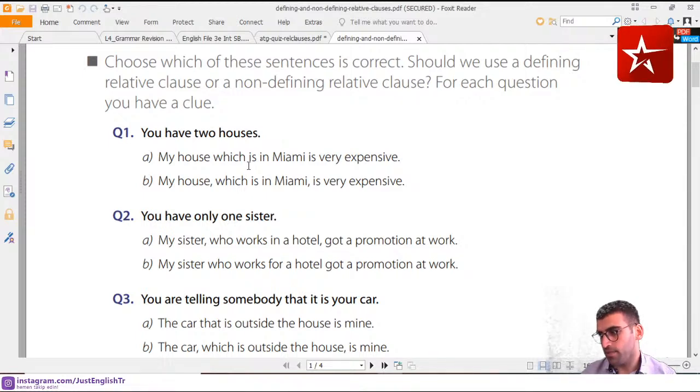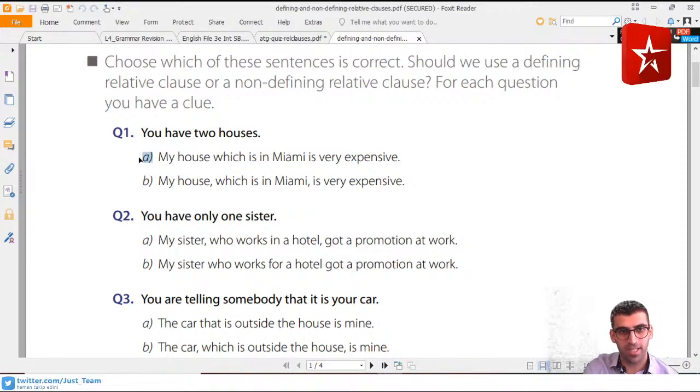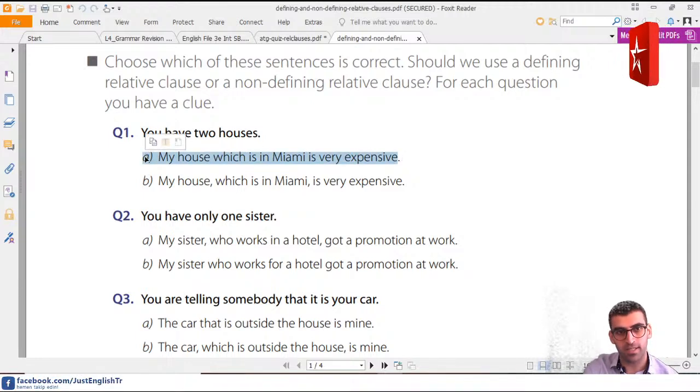Silas says B. B is correct because it describes his house. Ozay says A. Let me highlight the correct answer for number one. Number one, A is the correct answer.